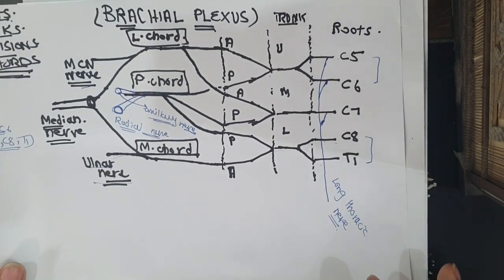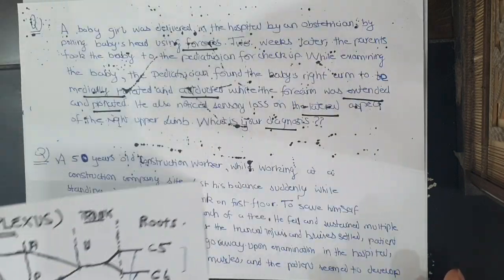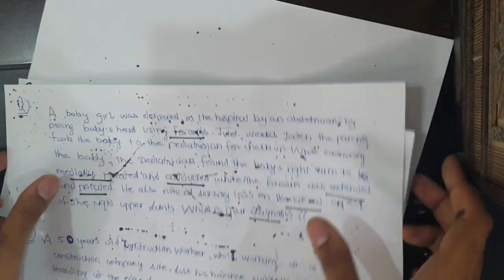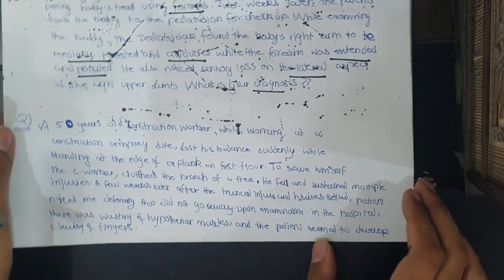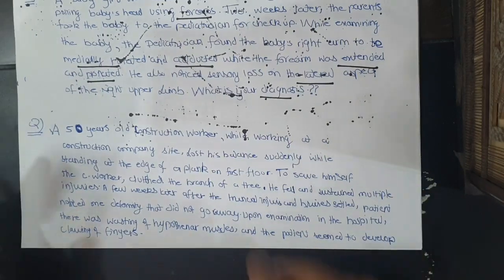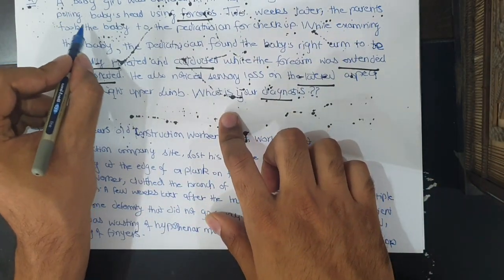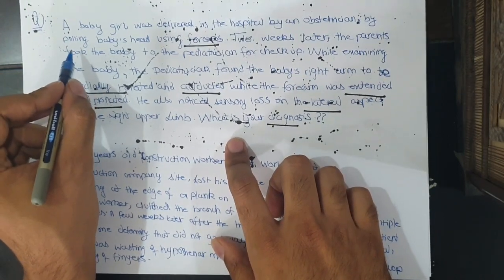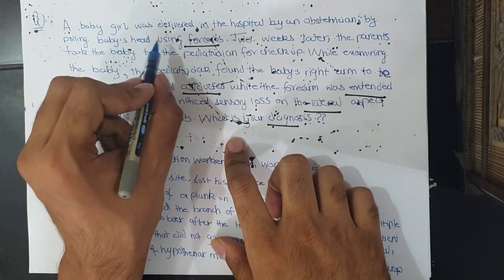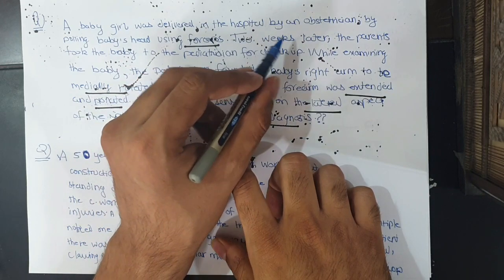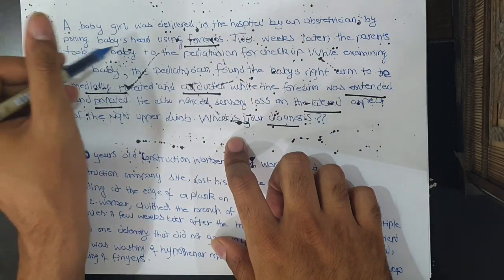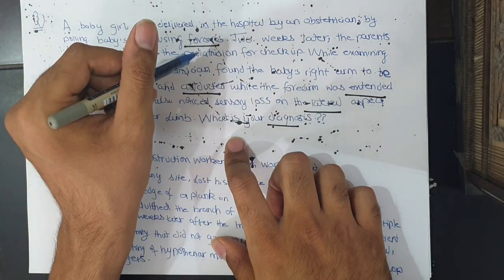Now I have gathered some scenarios which you might be interested in. Now the first scenario reads as such: a baby girl was delivered in the hospital by an obstetrician by pulling the baby's head using forceps.